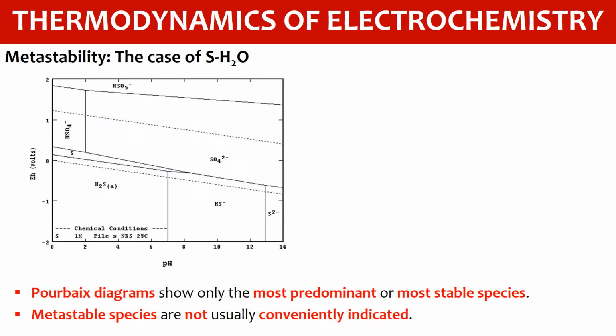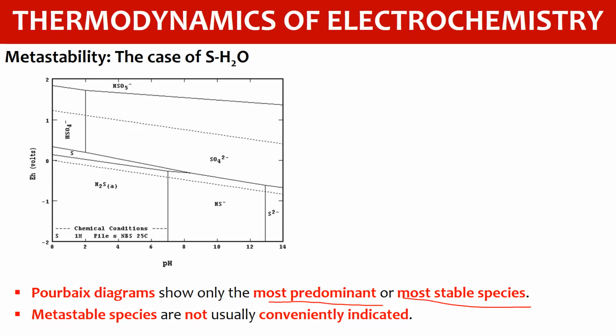Right. Now let's look at the metastability of species. As we said before, Pourbaix diagrams only show the most predominant or the most stable species. However, it does not mean that it is the only species available in that region.